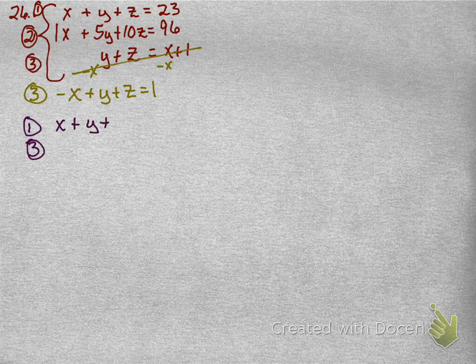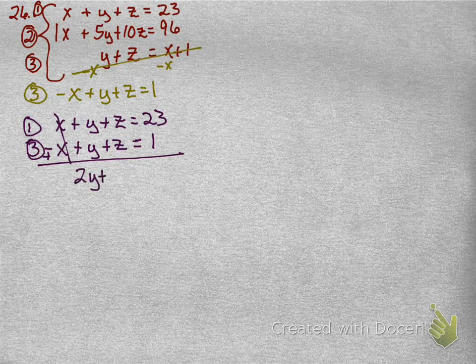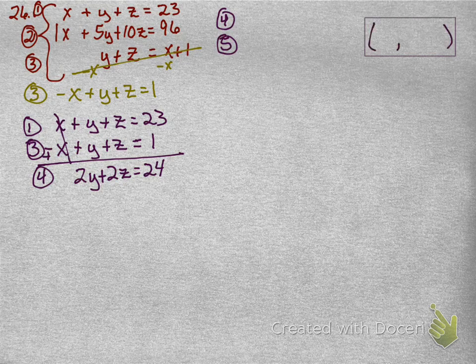Now, I'm going to use problems 1 and 3, and I'm going to get rid of my X's. That gives me equation 4 is 2y plus 2z equals 24.